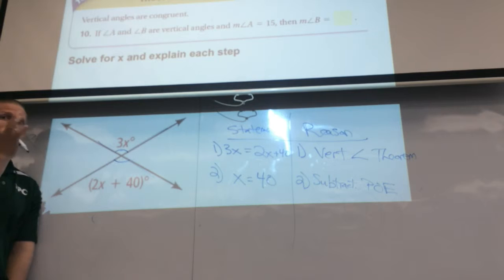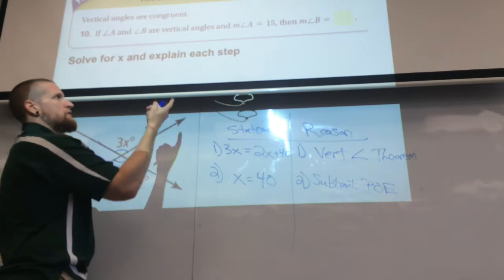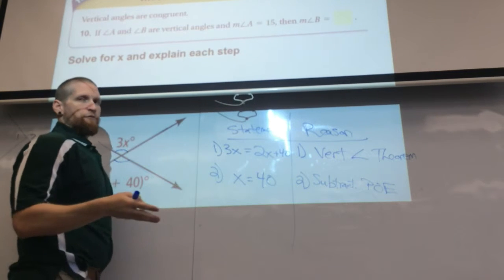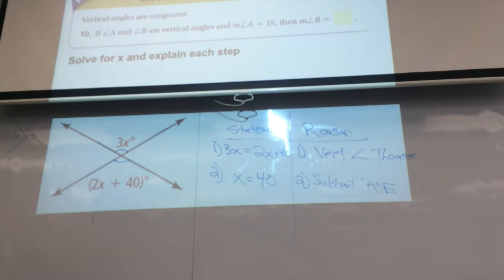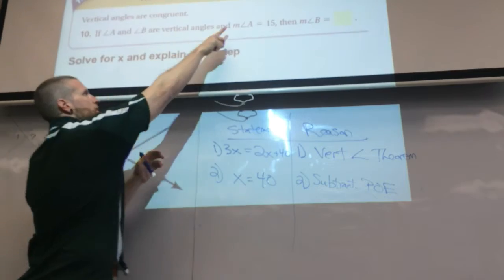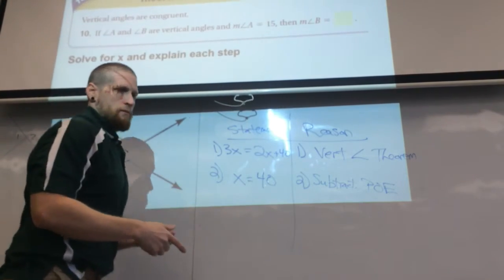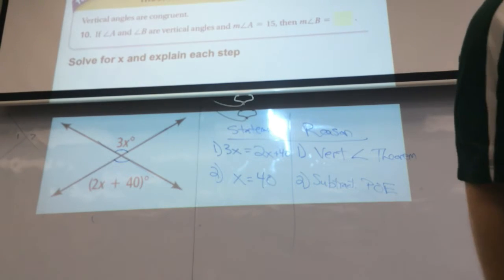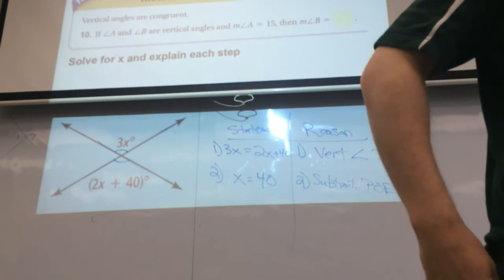Okay? Now again, you're only doing this if it's giving you the instruction that says explain each step, or give a reason for each step. If you don't see that there, then you can just solve for x like you would normally do. Like what this says up here, we've already talked about. This is just putting a name to it. Instead of saying given, you put the diagram?